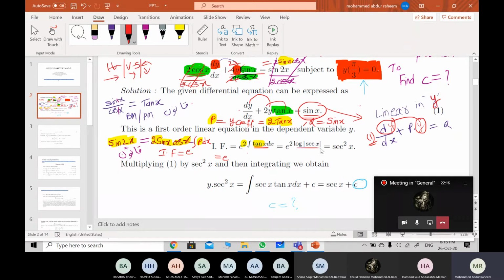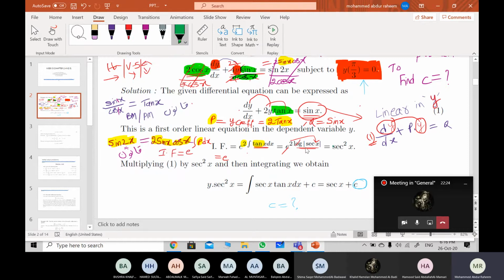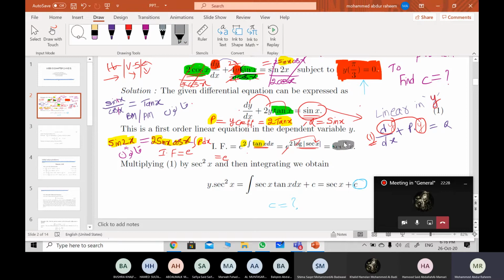This integration is the rule. So this will come here, and this will be cancelled. This is a very beautiful answer, if you see. And that is for IF.